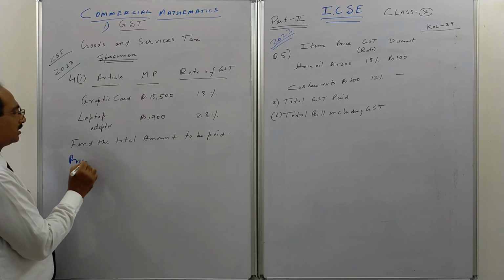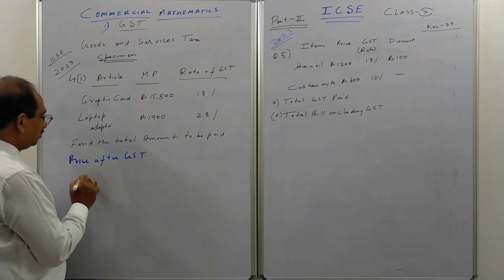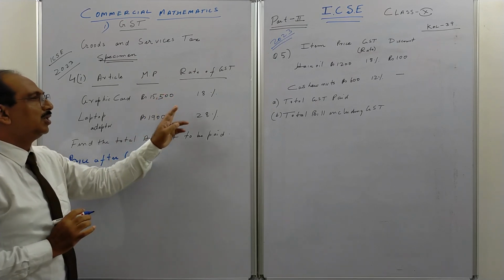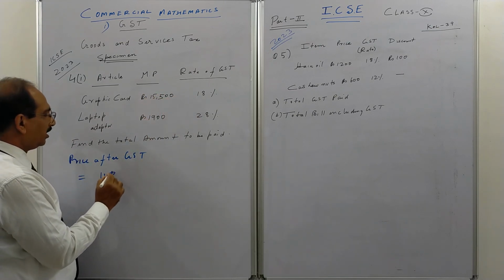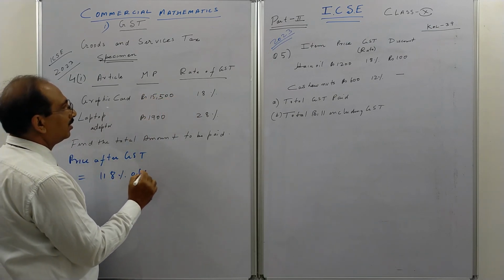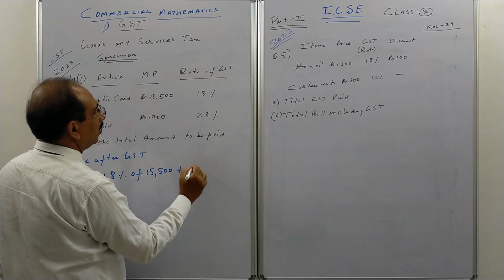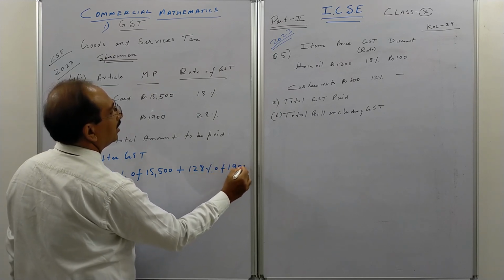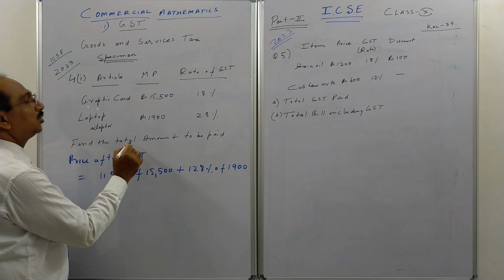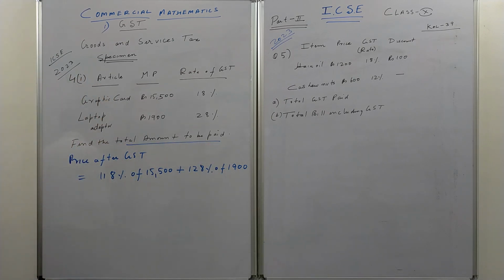So the price after GST. There are 2 ways, children: find 18% of this and add it. But the best way I'll tell you: find 118% of 15,500 plus 128% of 1900, because we need the total amount to be paid, meaning your base price plus the GST.